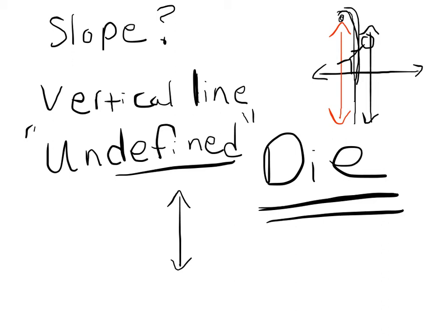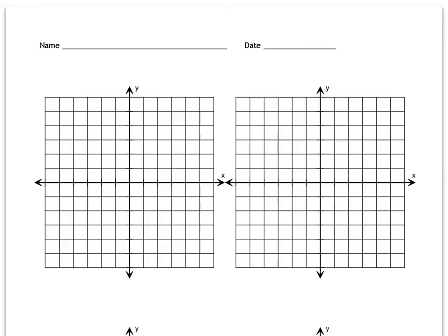So let's go on to the page. There they are. Okay. So in your next page of your notes, let's talk about the steepness of slopes. And you have a graph in your notes. I'm going to give you 2 lines. This first line, just start up here, doesn't have to be exact, and draw a line in your notes.